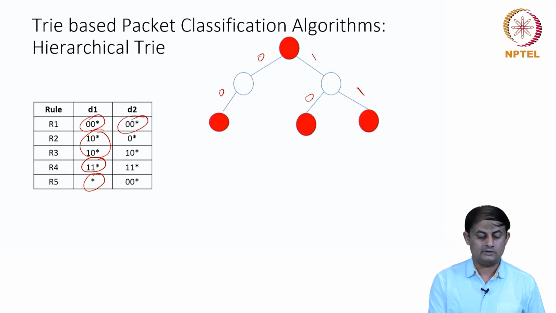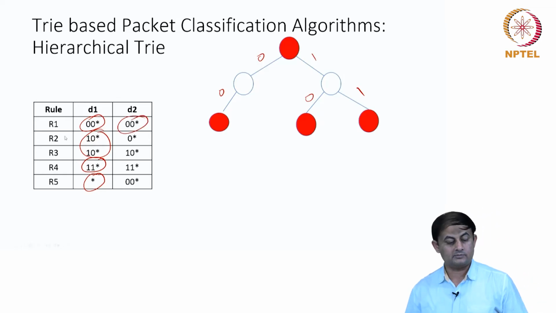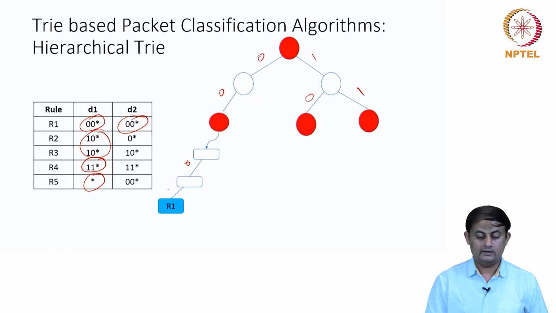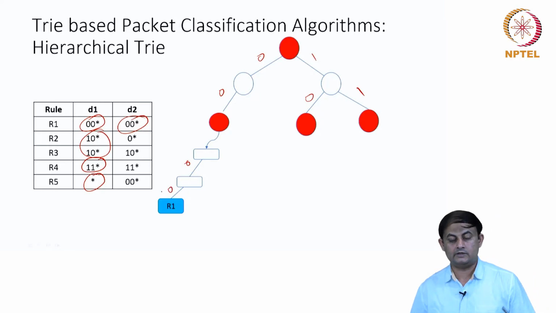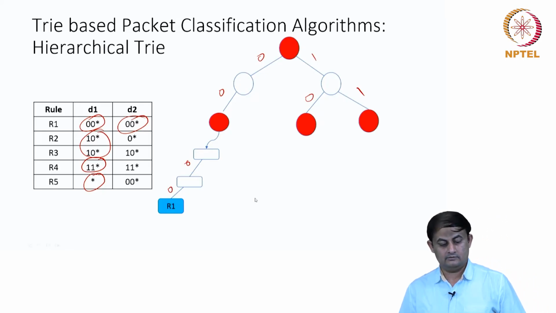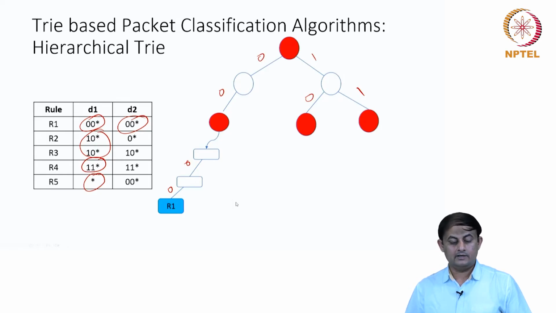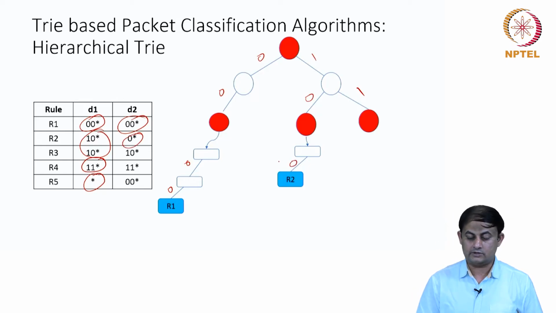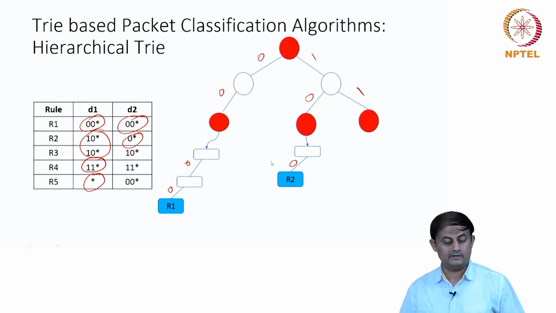So what are the unique prefixes? 0 0 star is another unique prefix, but that is applicable when the first level prefix is 0 0 star. I add a couple of nodes as descendants to this node using a different kind of node structure. Here is the rectangle, and that I label as R1. And another prefix on 1 0, the second level is 0 star, so I'm going to have it here.